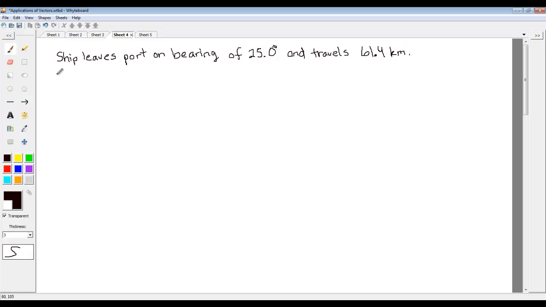Then it turns due east and travels 84.6 kilometers. How far is it from port? Also, what is its bearing from port?